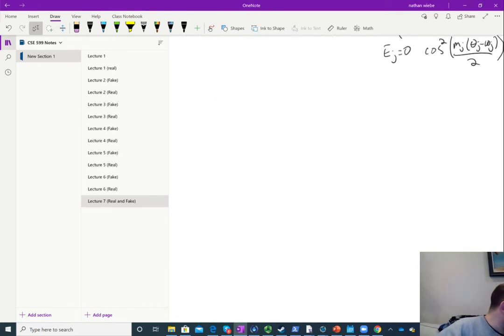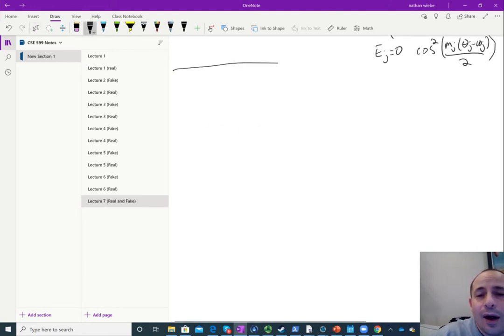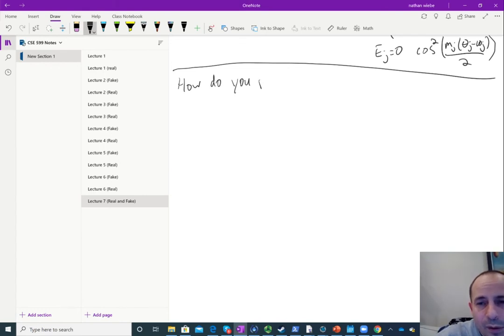But in any case, you might ask, okay, well, how do you pick the mj and theta j? Well, it turns out that the way I suggested previously, just picking a fixed value, is almost as dumb as you possibly could get.